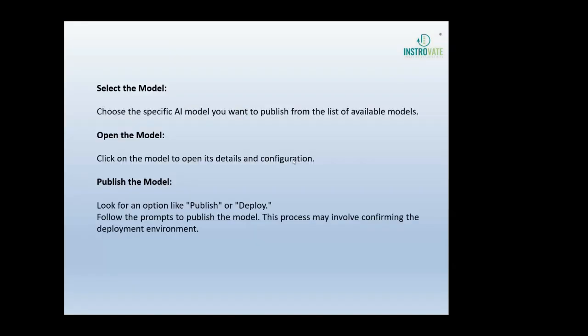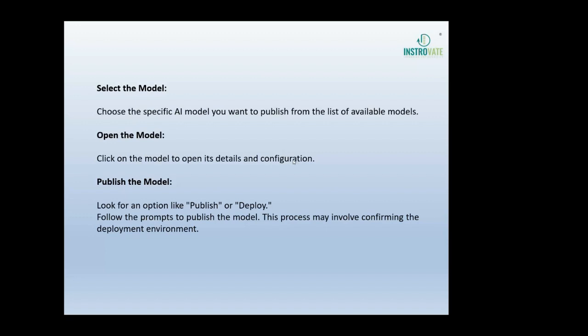Now you can select the model according to your need. When you select the model, you will get an option like use the pre-built model, or create a custom one. When you click on pre-built, the model will open. Now look for an option like publish or deploy.